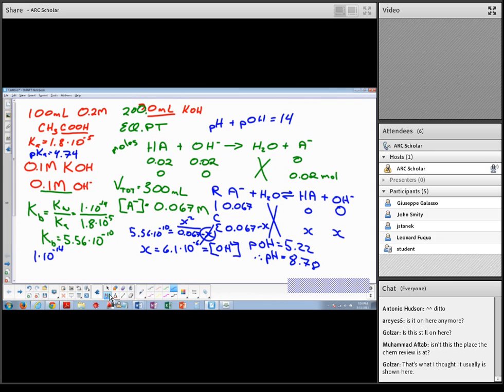Okay, if we were to go ahead and plug that in, we're going to solve for H plus. And if we plug in this concentration of OH, 1 times 10 to the minus 6, what do we get for H plus concentration?